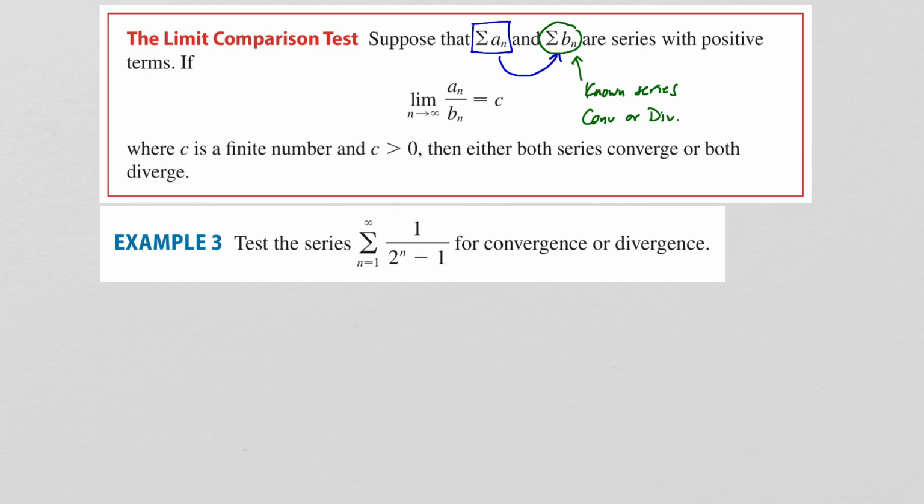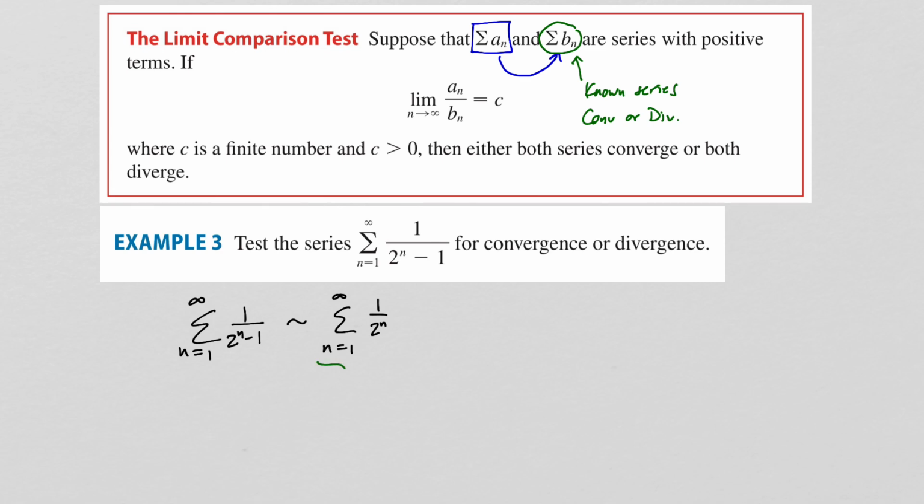But there is a series that is very similar to it for which we do know if it converges or diverges. And so this series that we're looking at here behaves very much like the series summation 1 to infinity of 1 divided by 2 to the n. And understand, all I'm doing here is ignoring the negative 1 because this negative 1 is insignificant as n gets larger.